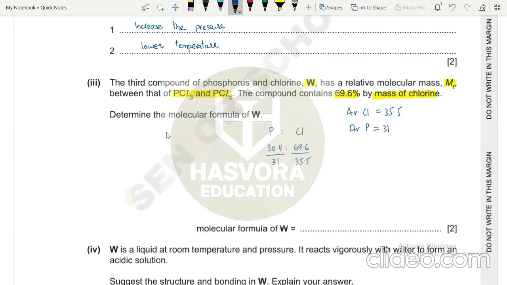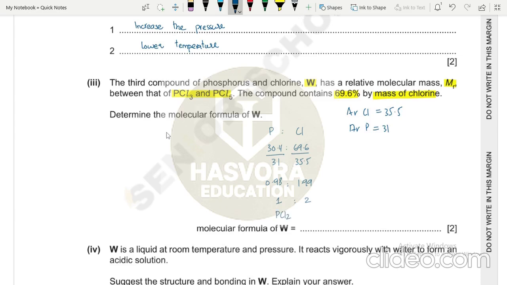Now let's find the ratio. It will become 0.98 and this will be 1.99. So the ratio is about 1:2. So the empirical formula will be about PCl2.